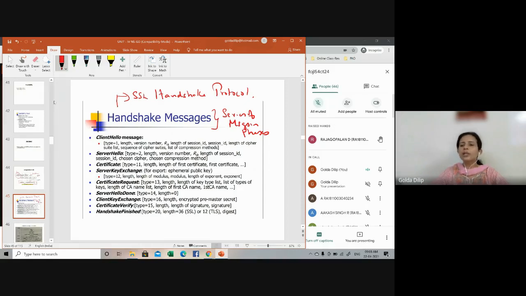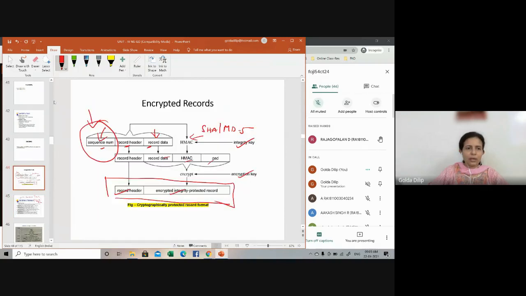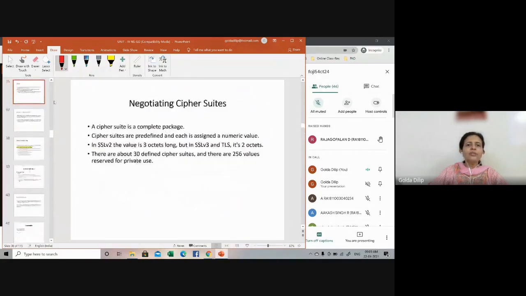How many phases were there? Rajagopalan, how many phases were there? You are the person who raised the hand to answer a question and finally no answer. How many phases were there in handshaking? Can someone tell me? We discussed this in detail. Come on, early in the morning, no energy for anyone.